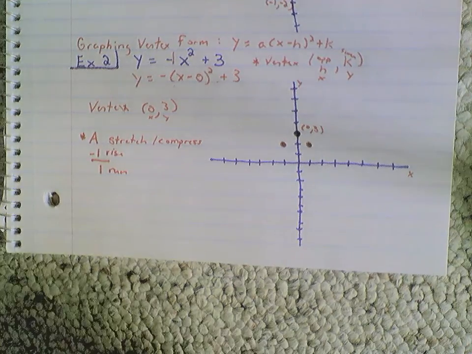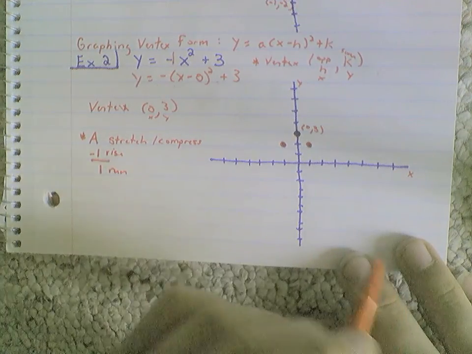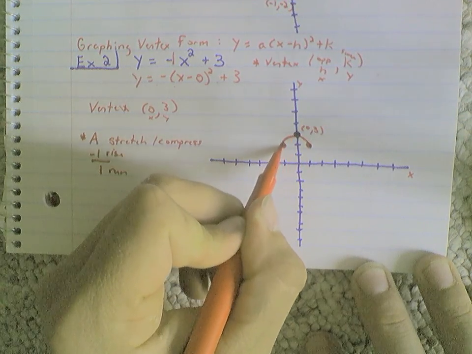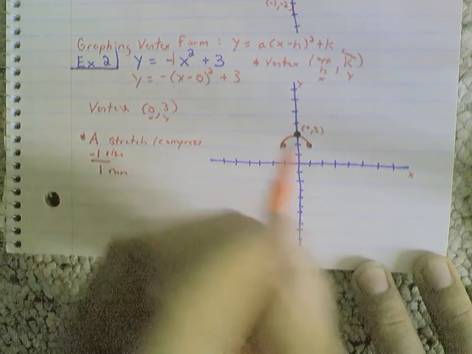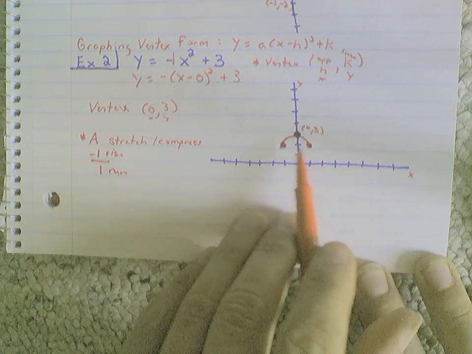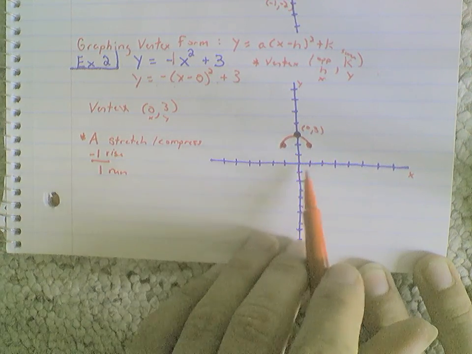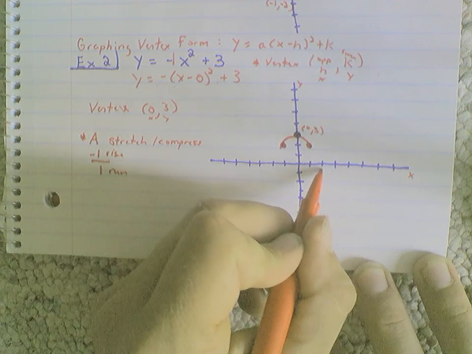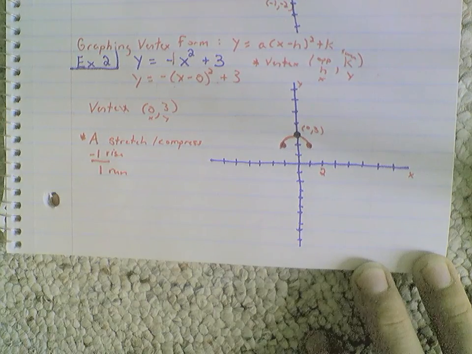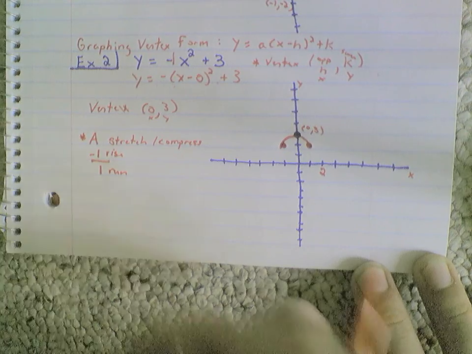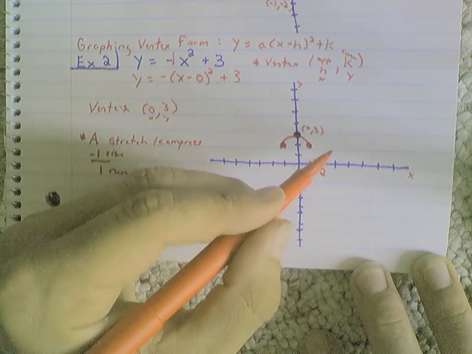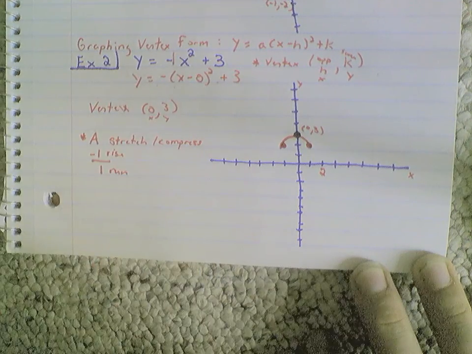And so at this point now, I can easily see that my graph is going to be curving down through those 2 points. And once again, some teachers require that you have 5 points, and right now we only have 3. So in this case, we need to plug in an x value to find the last 2 points. So notice that we don't have any points on the 2, so we can plug 2 into the function to give us another point.